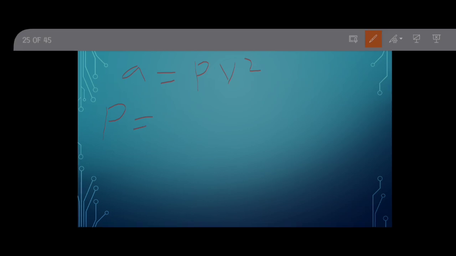The dimension of p is M L raised to power minus 1 T raised to power minus 2, and that of v is L cube, that is length times breadth times height, which are functions of distance. Therefore, our a will be equal to M L raised to power minus 1 T raised to power minus 2 multiplied by L cube squared.